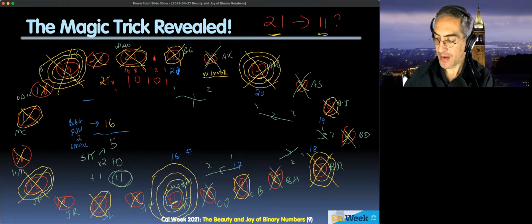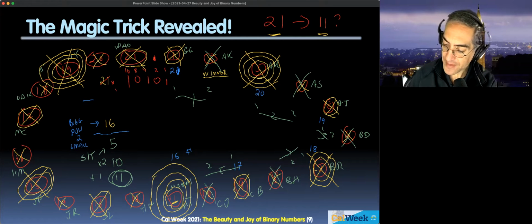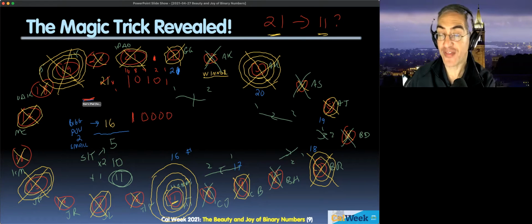Now, what is the biggest power of 2? The biggest power of 2, ladies and gentlemen, is 16. And that looks like this. And you told me I need to subtract them. And you also told me I can do mathematics in binary numbers. So let's make a line and let me subtract this.